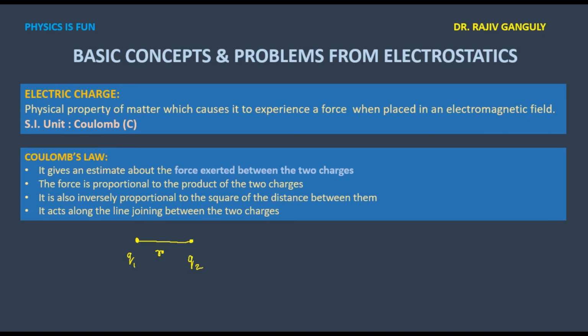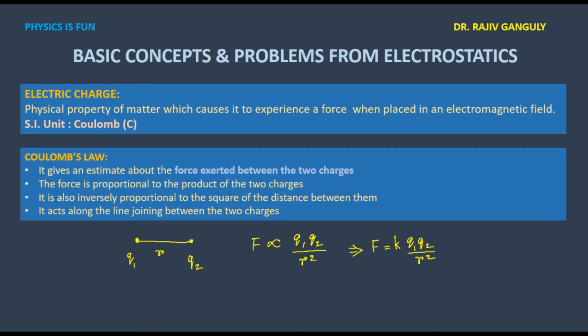Then the force is proportional to q1 q2 and inversely proportional to the square of the distance, r square. So q1 q2 by r square, and when we remove the proportionality sign, we get a constant of proportionality, and we call that constant k. So it is k into q1 q2 divided by r square.